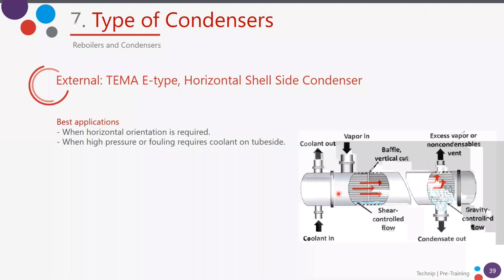As you can see in the picture, we have the vapor in, which condenses on the shell side, and the coolant on the tube side. We can have a floating head or fixed tube sheet, and the baffles are usually vertical cut for side-to-side flow to facilitate the condensate draining.